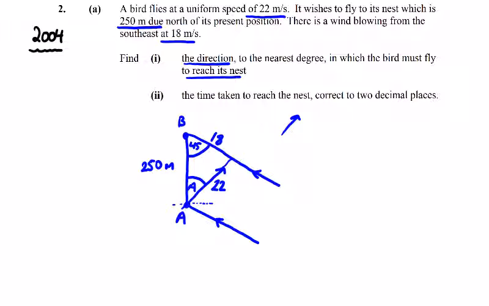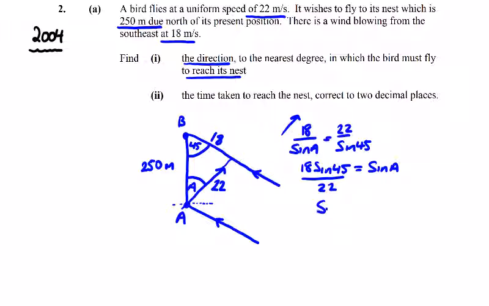So 18 over the sine of A is equal to 22 over the sine of 45. So 18 sine 45 is equal to 22 sine A. So divide by the 22.